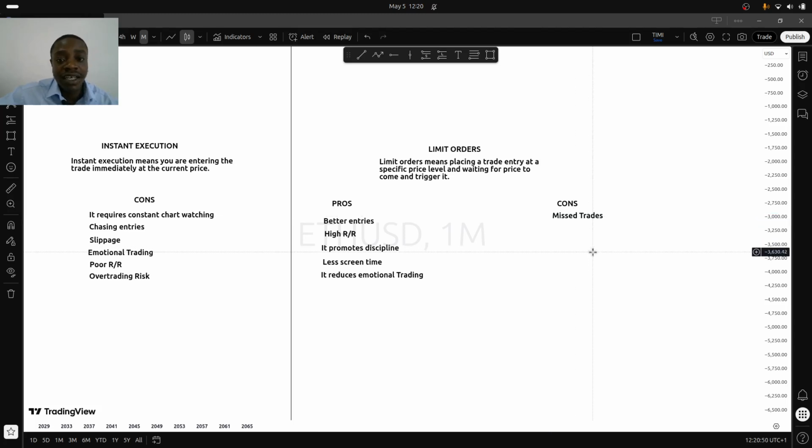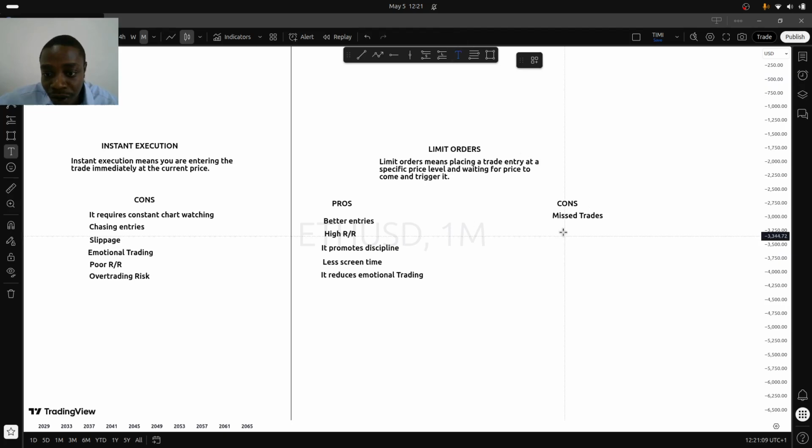Sometimes price will come to your entry, tap it, but it will not activate. Therefore, you've missed the trade, and the trade has gone. You can't start trying to chase the move. So missed entries are one of them.